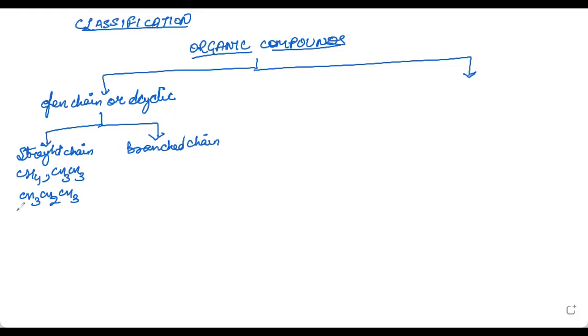Now the straight chain organic compound which has 4 carbon atoms is butane. It can be branched also. Same molecular formula, but a different compound. This is n-butane and this is isobutane, which is branched chain.